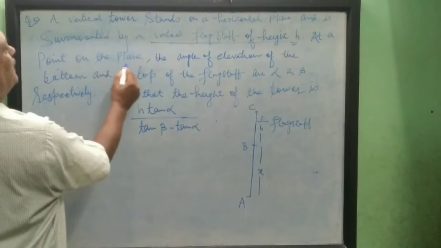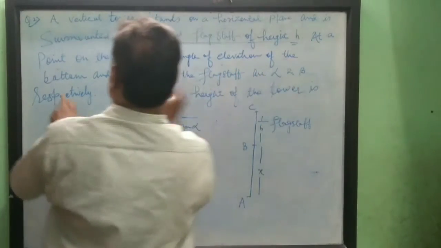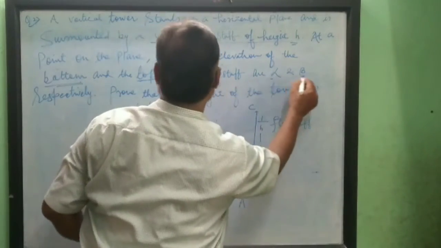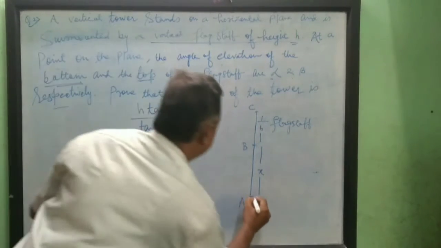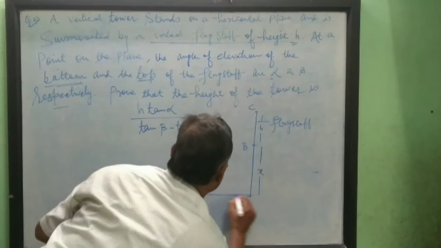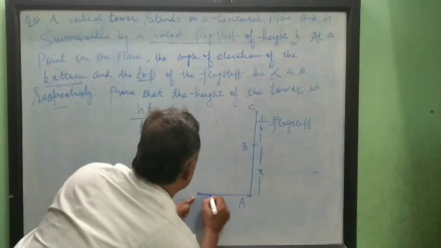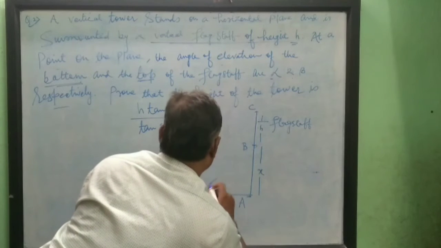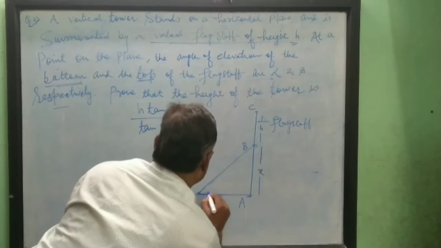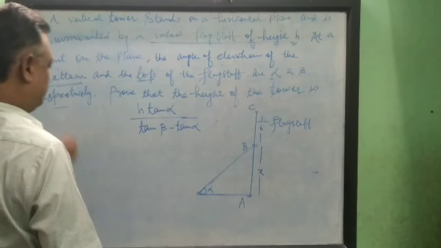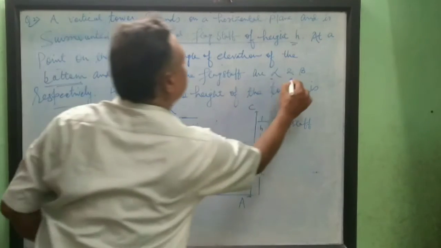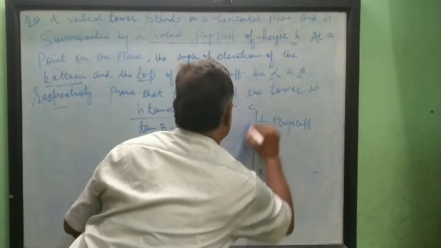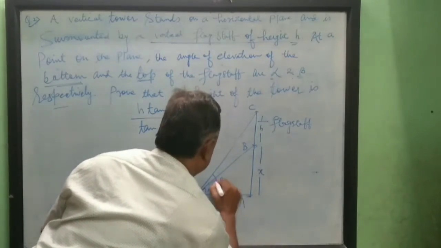At a point on the plane, the angles of elevation of the bottom and the top of the flagstaff are alpha and beta respectively. It means there is a point from here, this point, this is the bottom of the flagstaff. So this angle is alpha and the top's angle of elevation is beta.